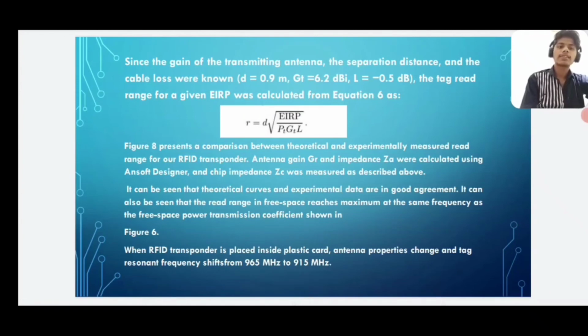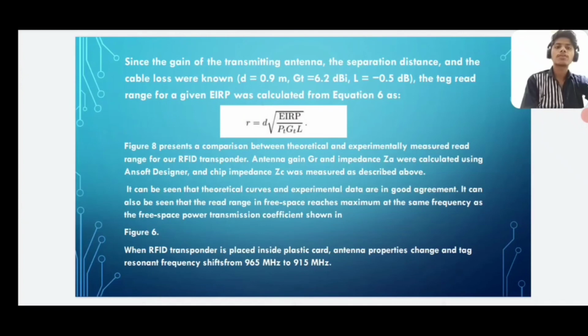The antenna gain GR and impedance ZA were calculated using Ansoft Designer, and the chip impedance ZC was measured as described above. It can be seen that theoretical curves and experimental data are in good agreement.